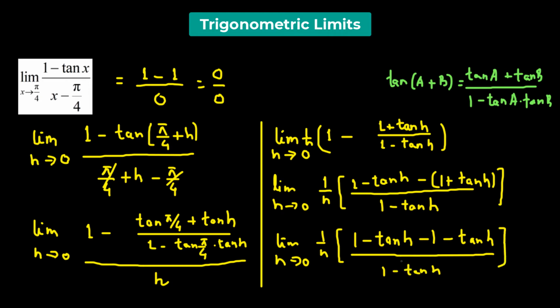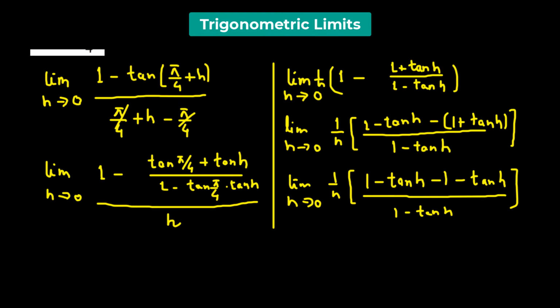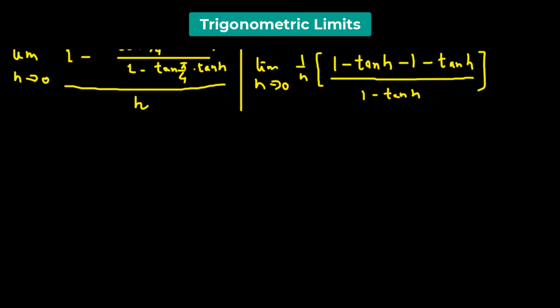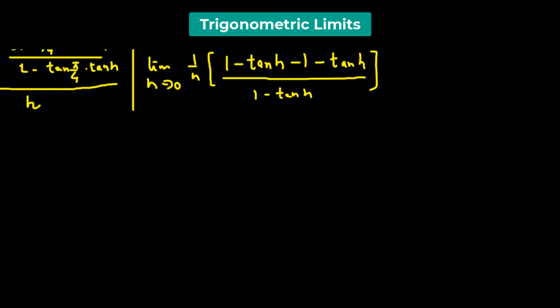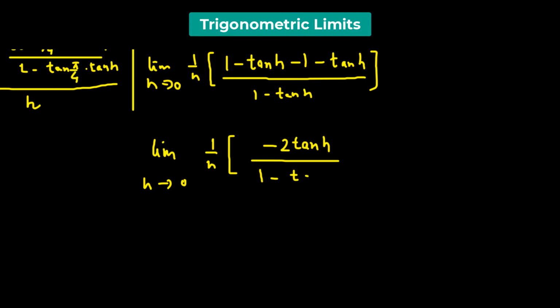Now the 1 and 1 get cancelled, so that is going to leave us with limit h approaching 0, 1 over h times negative 2 tan h divided by 1 minus tan h.